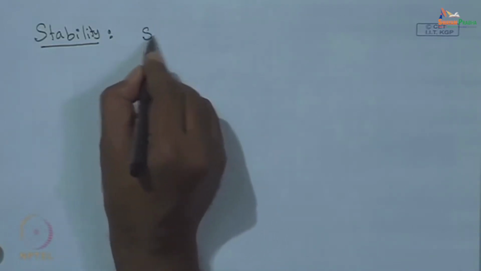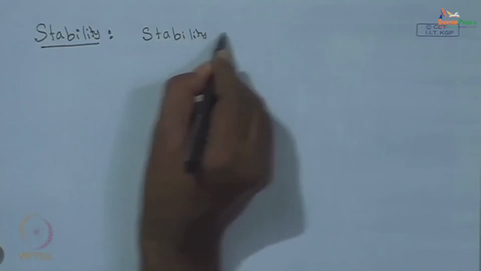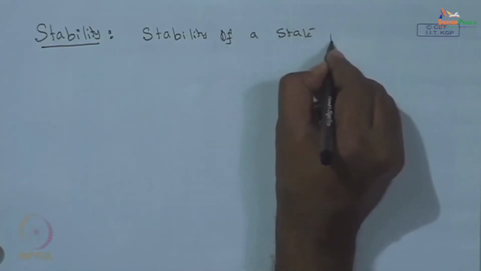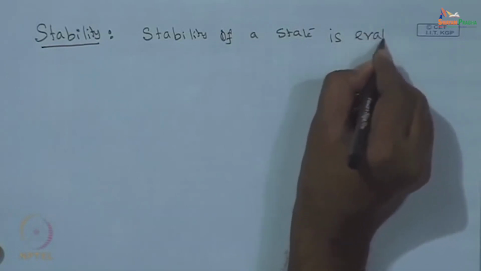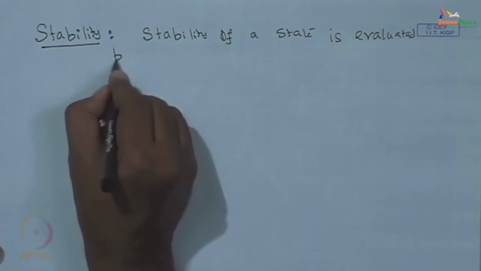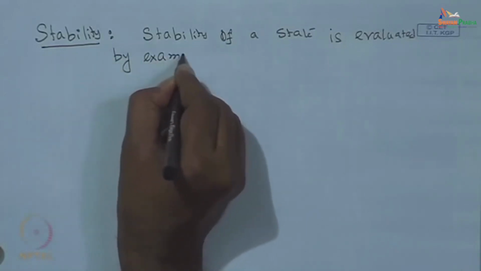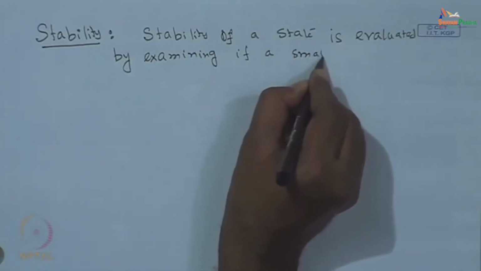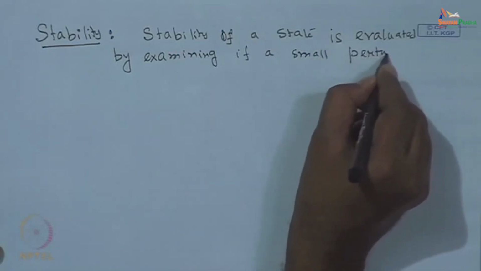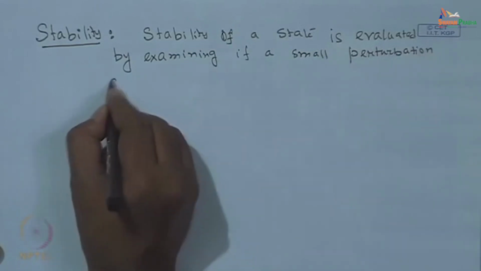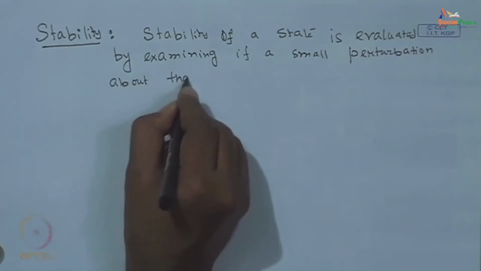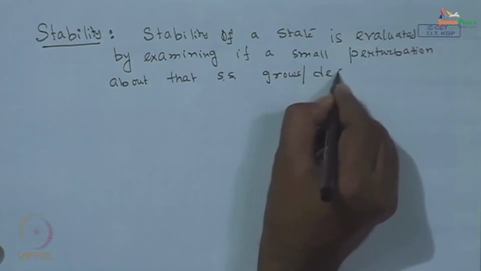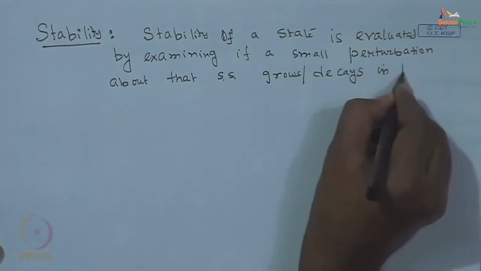The stability of a state is determined by examining if a small perturbation about that steady state grows or decays in time.